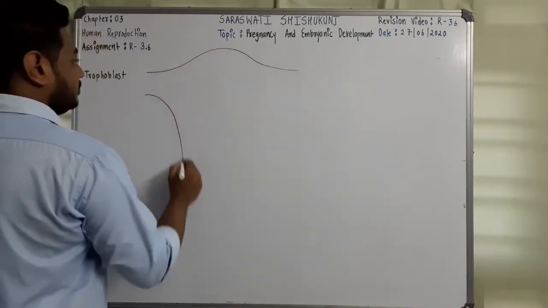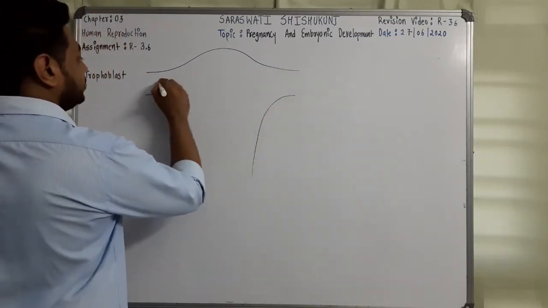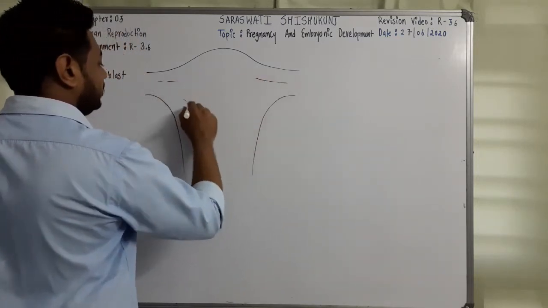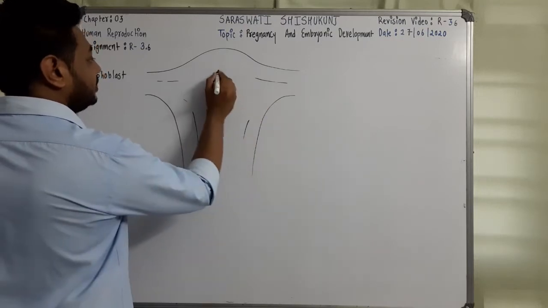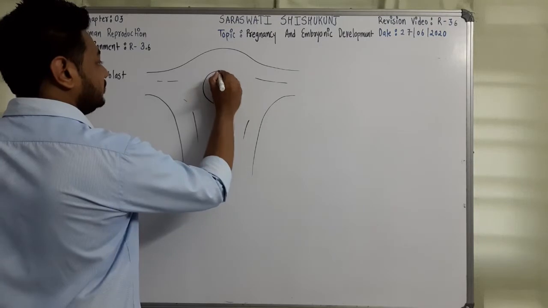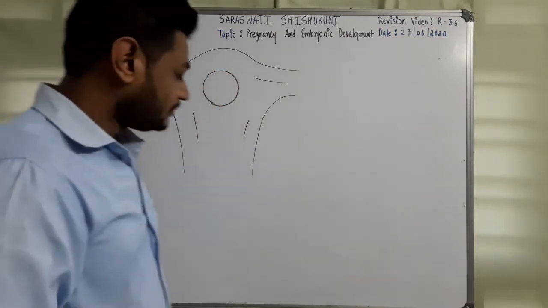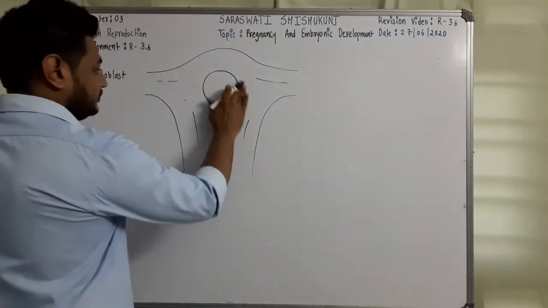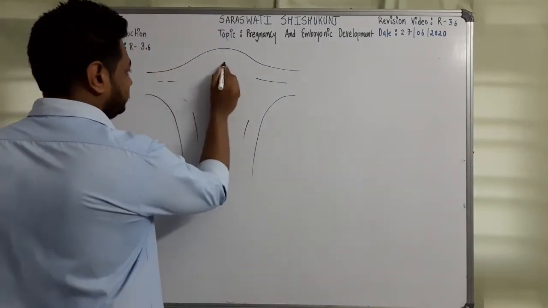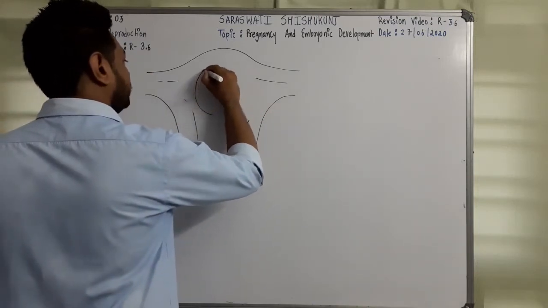If you see over here, this is the inner lining. Over here there is a development like this. This is the embryonic development, right? Let's draw somewhat bigger so that we can understand it properly.